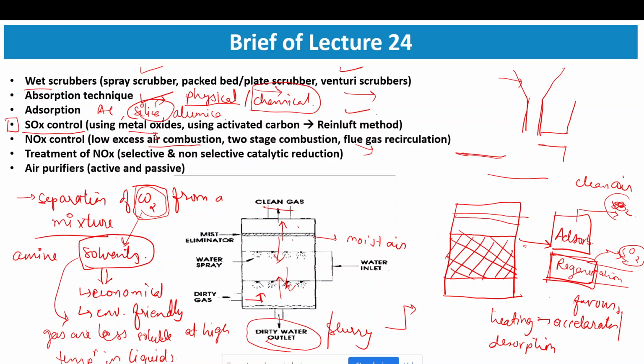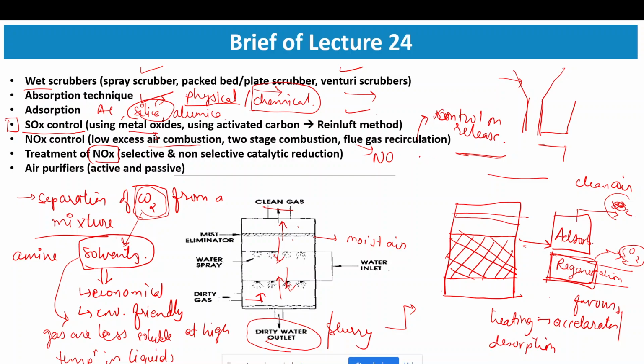Further, to treat NOx, the previous strategy was control on release. Once it is generated, you can selectively or non-selectively do reduction of NOx. If you remove oxygen, that is nothing but a reduction reaction.